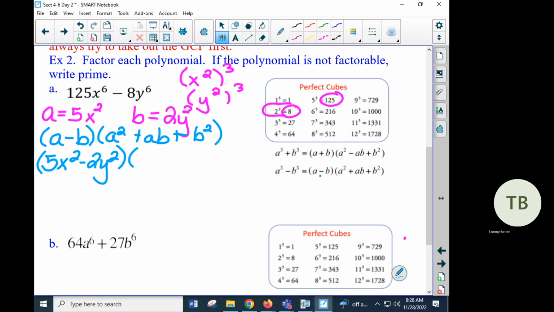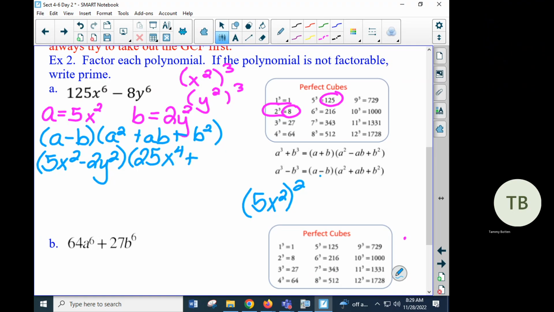Now what I would have to do is take 5x squared and square it for this. 5 squared is 25. And again, we multiply these powers, so it'd be x to the 4th.